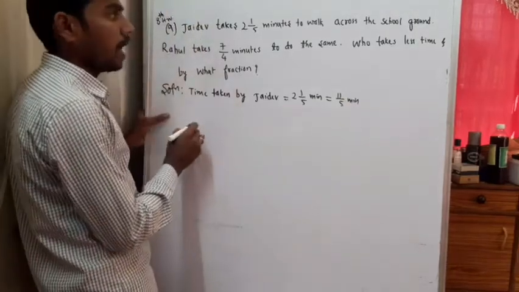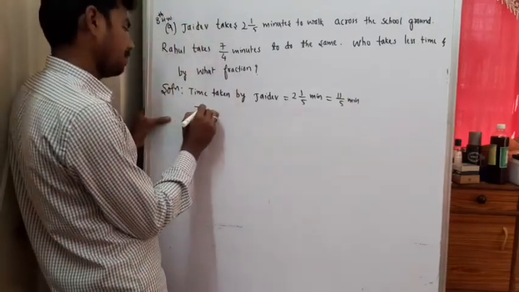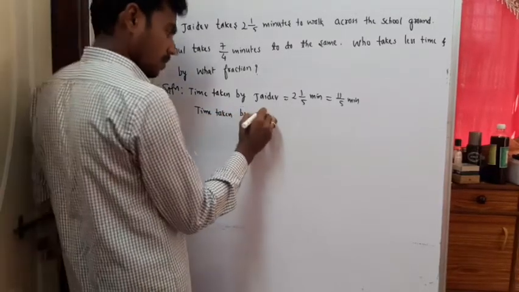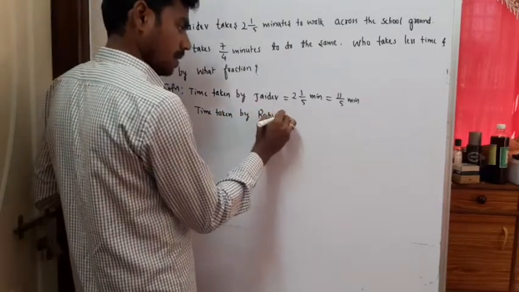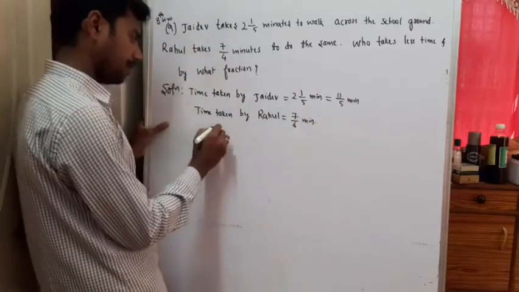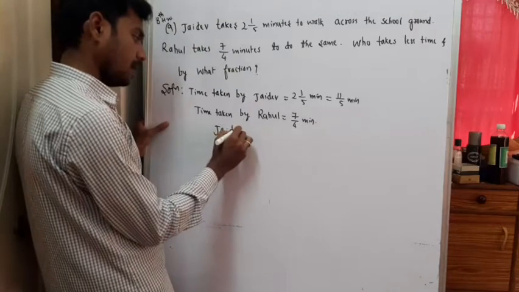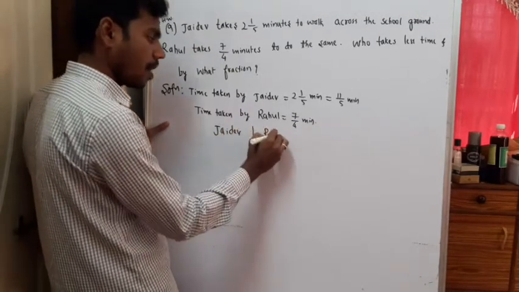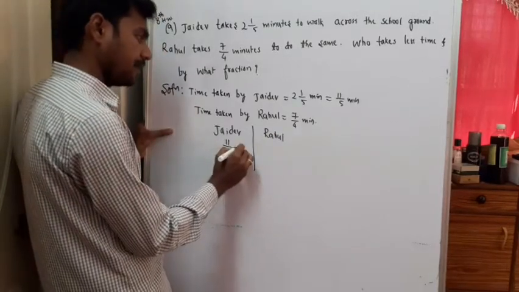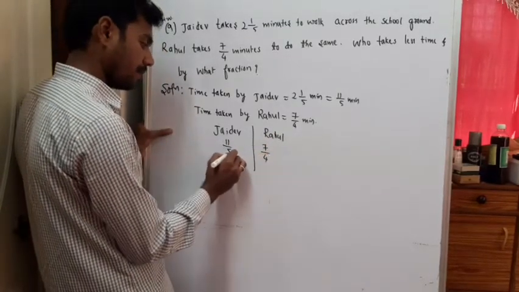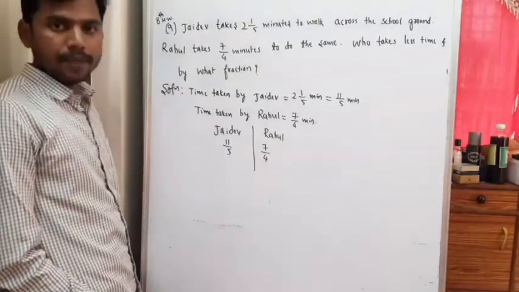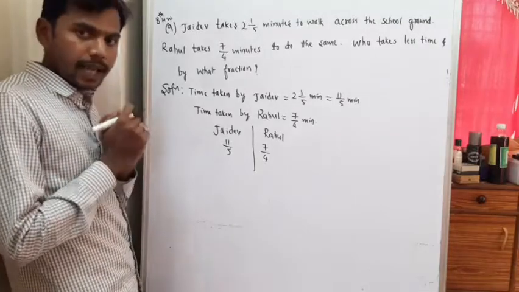Next, time taken by Rahul is equal to 7 by 4 minutes. Now we will compare. This side I will write Jaydev, here I will write Rahul. 11 by 5, 7 by 4. So 5 and 4 are co-prime. To make the denominator, I should take the LCM.